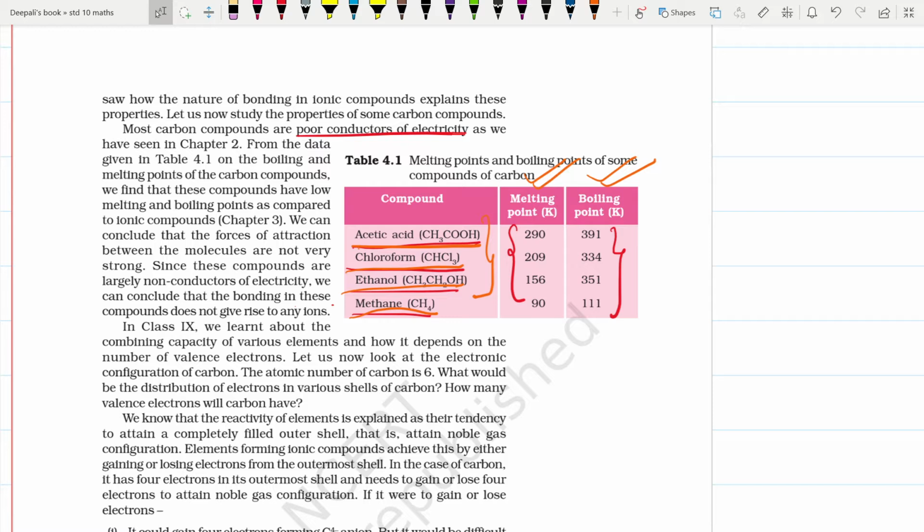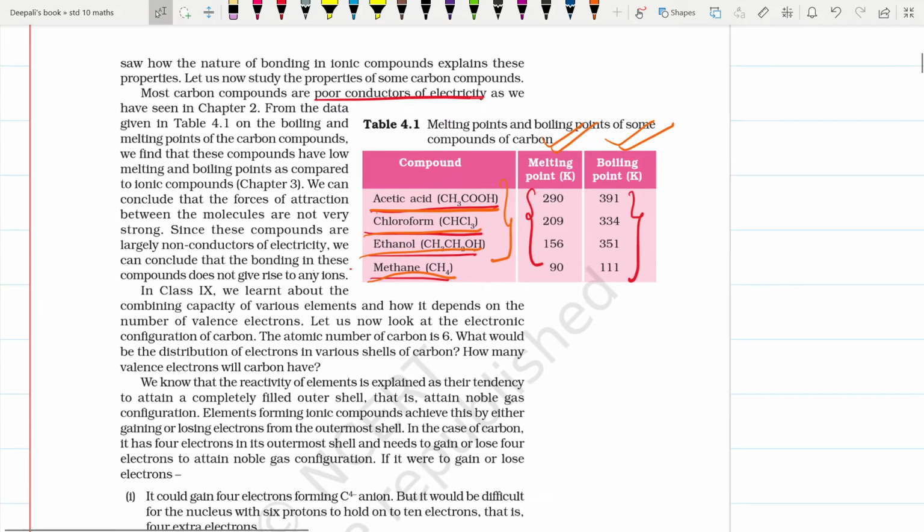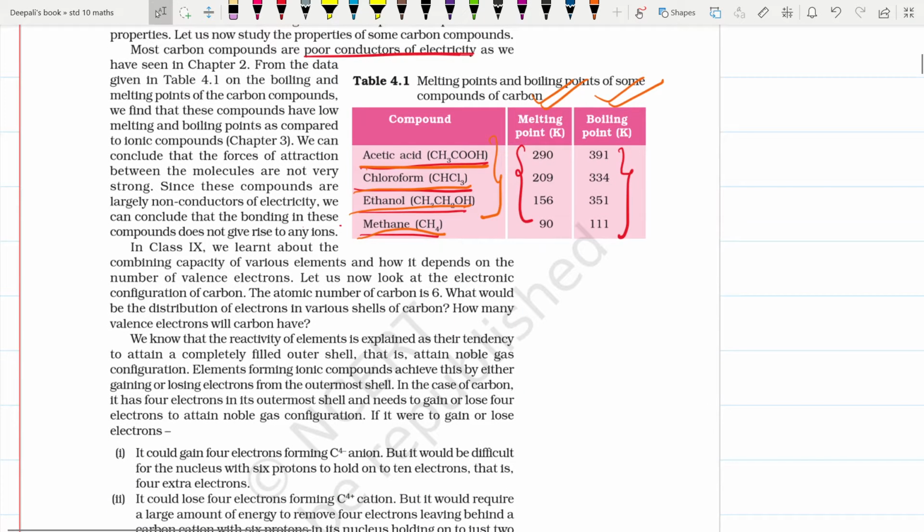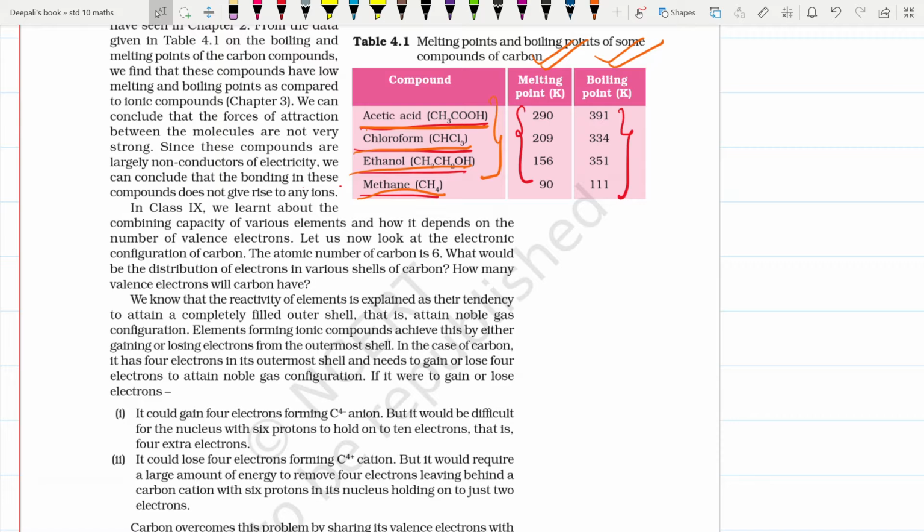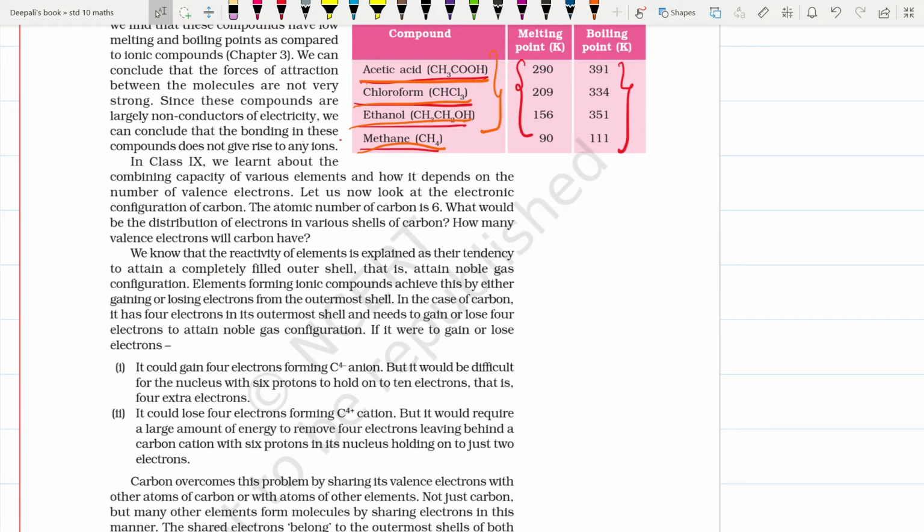We can conclude that the forces of attraction between the molecules are not very strong. Since these compounds are largely non-conductors of electricity, we can conclude that bonding in these compounds does not give rise to any ions. In class 9, we learned about the combining capacity of various elements and how it depends on the number of valence electrons.